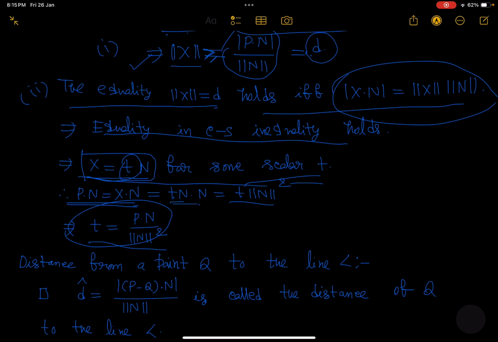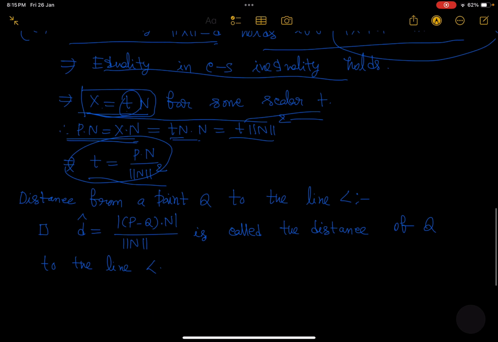Now this gives a motivation to define the distance of a point to a line. Suppose P is on the line capital L, and you have some point Q. As long as you know the normal vector capital N to the given line L, you can find the distance from that point to that line.